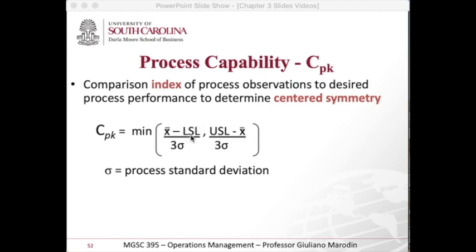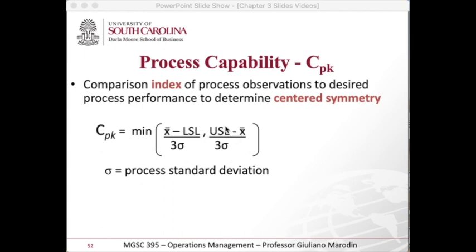I'm looking at the x double bar, which is the mean of the distribution, minus the lower specification limit, so the distance between the mean and the lower specification limit, and I'm dividing it by 3 times the standard deviation. So I want to know if, from the mean of my distribution to the lower specification, divided by half of the car, that fits half of the car or not.